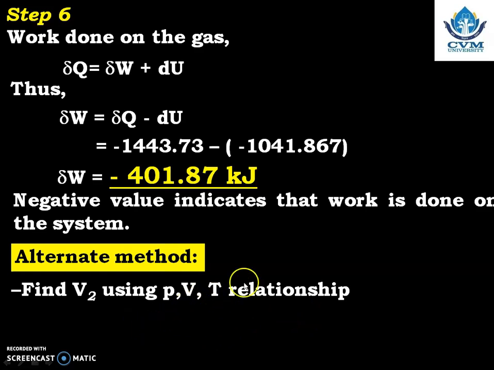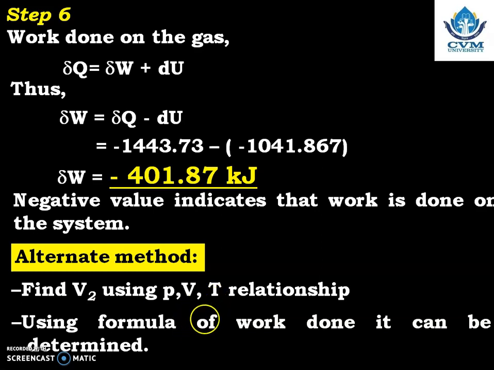But as we have calculated delta Q and delta U, directly using this equation also we can calculate the delta W. But if you want to use the equation P into V2 minus V1, in that case we have to calculate the V2 using the relationship P2 V2 is equal to M R T2, and then using our basic equation W is equal to P into V2 minus V1, we can calculate the work done.